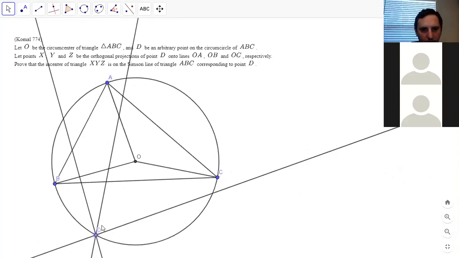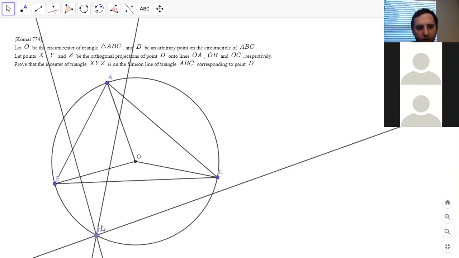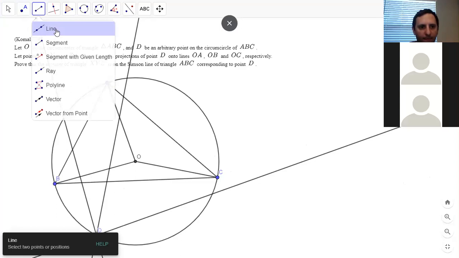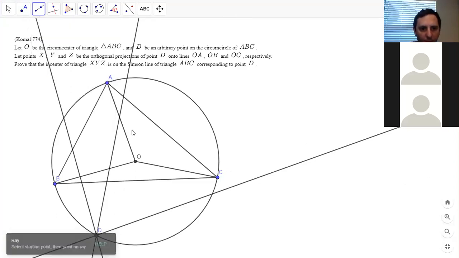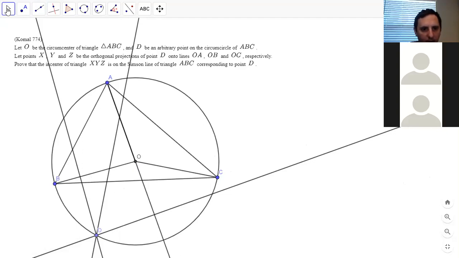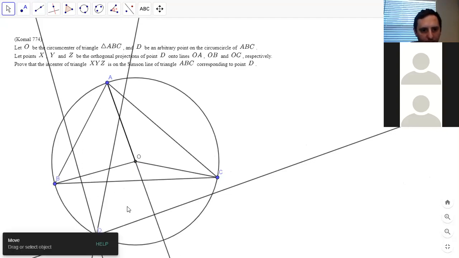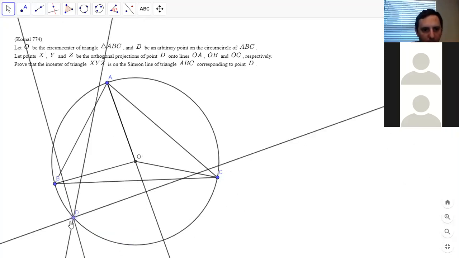So let's do it like this. So we have BO, CO, and AO. I'm gonna draw some more rays. I want it to intersect both BO and CO if possible, kind of like that.